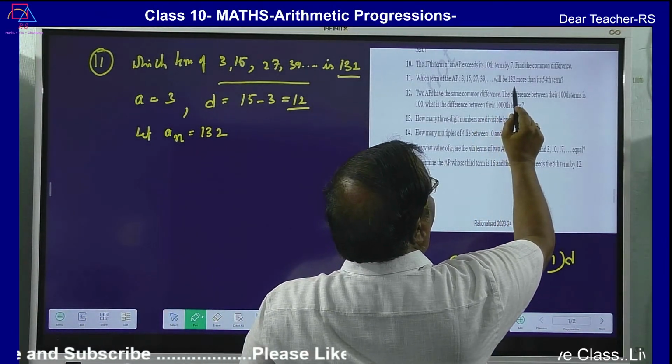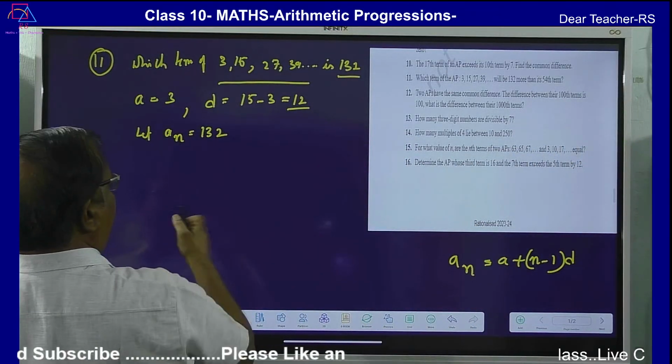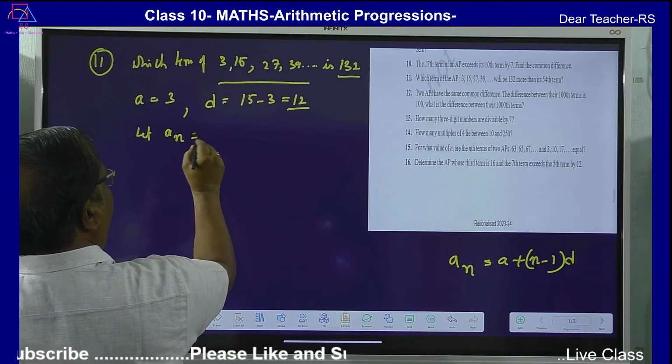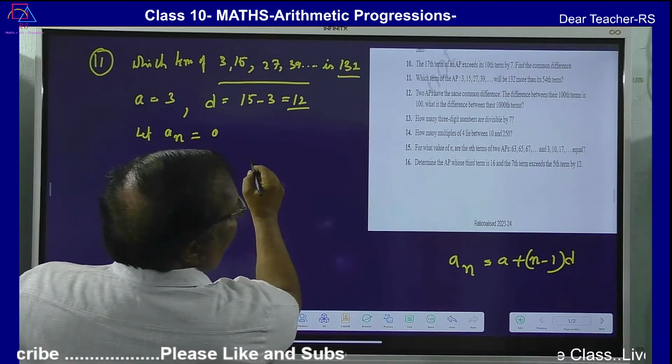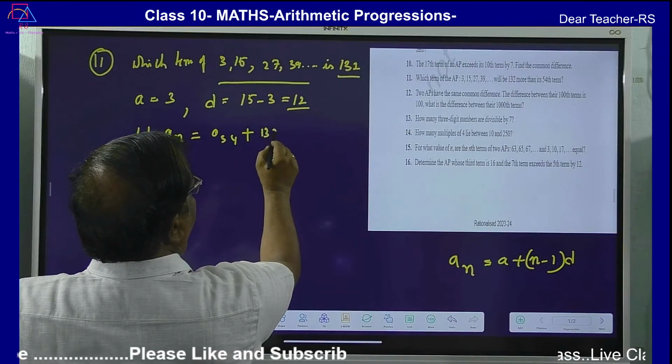Which term will be 132 more than the 50th term? So a_n is equal to the given a_54 plus 132. This is the thing given.